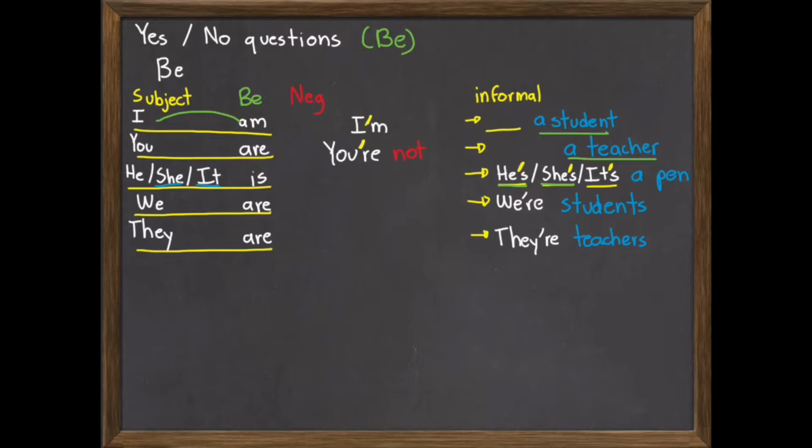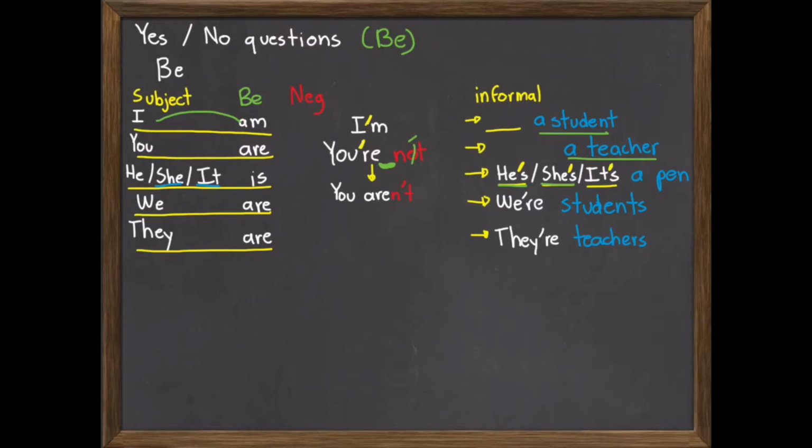But another way to make contractions is like this. You aren't. You aren't a teacher is also correct. As you can see, we took out the O and added an apostrophe between the N and the T. And we joined them together with the R. You aren't.